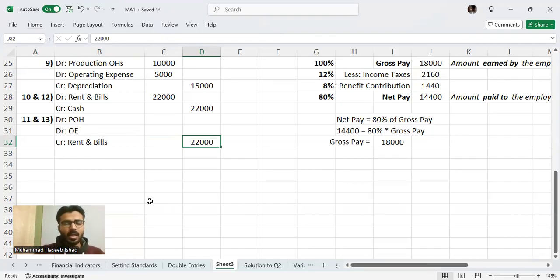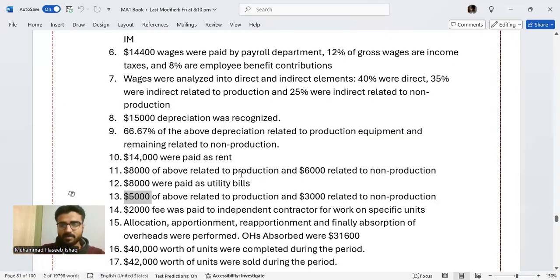Why? Because of course this is stage 2. The amount being transferred to the production overhead is 13,000, and the amount transferred to the operating expense account would be 6,000 plus 3,000, so 9,000.